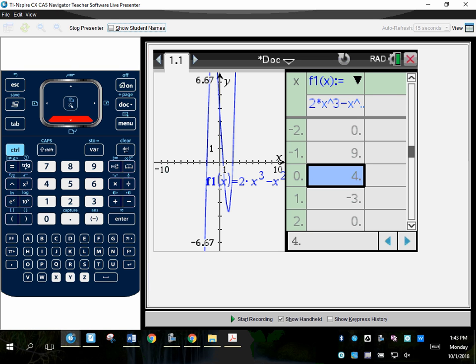I know that the graph crosses the x-axis between 0 and 1. Guaranteed. Why? Hands up if you can answer how you would guarantee the missing 0 is somewhere between 0 and 1. How do you know that our third missing 0 is between 0 and 1? What do you want to say?